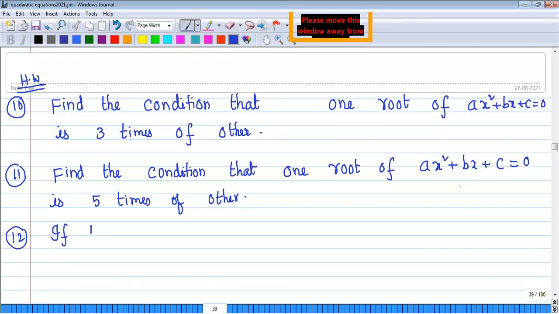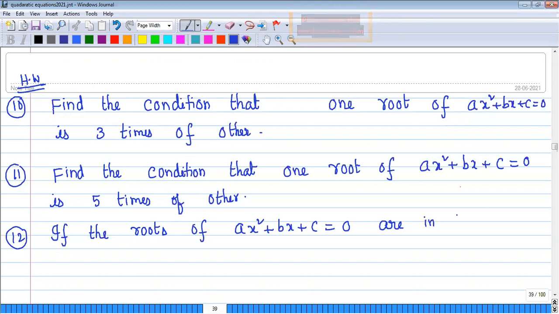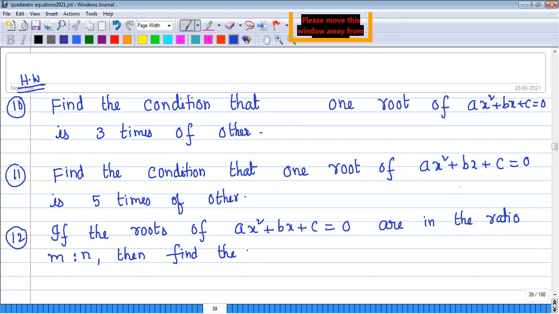If the roots of ax square plus bx plus c equals 0 are in the ratio m is to n, then find the condition.